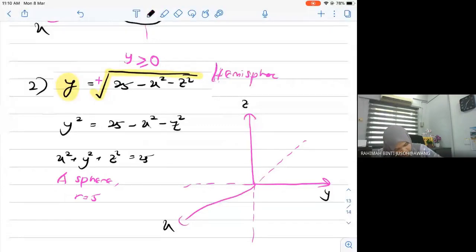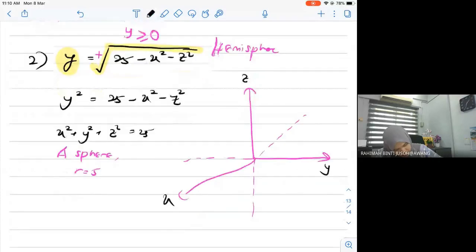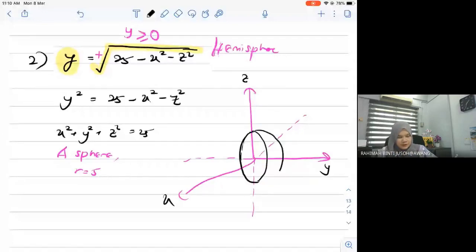Sebelah y positive, isn't it? So you buatlah macam gini. Macam tu. Only y positive. Hemisphere. So kat sini 5 lah, of course. Sini 5, kat sini 5. At the back is negative 5. Like that.